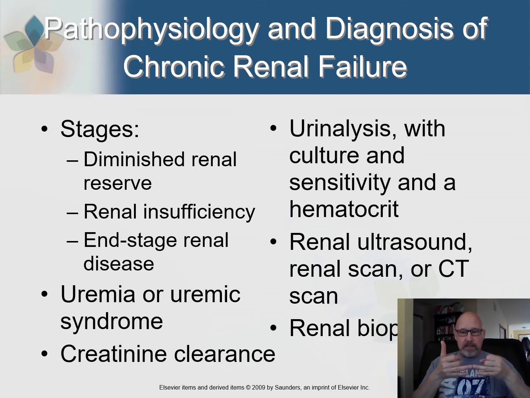Less than 30, that's another 15, is stage 4. This is where most people realize they need it. 30 to 60 is stage 3. Between stage 3 and stage 4 is where people realize they have kidney failure. Stage 3, they don't even know they have kidney failure yet.